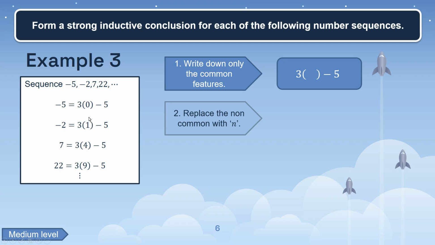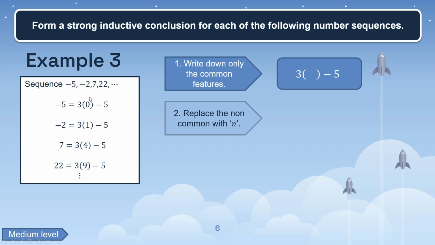Then we must come out with another way to make this in orderly form. Okay, just now we already see how to determine the perfect square number. Okay, from here, is this a perfect square number? 0, 1, 4, 9. It starts from 0.